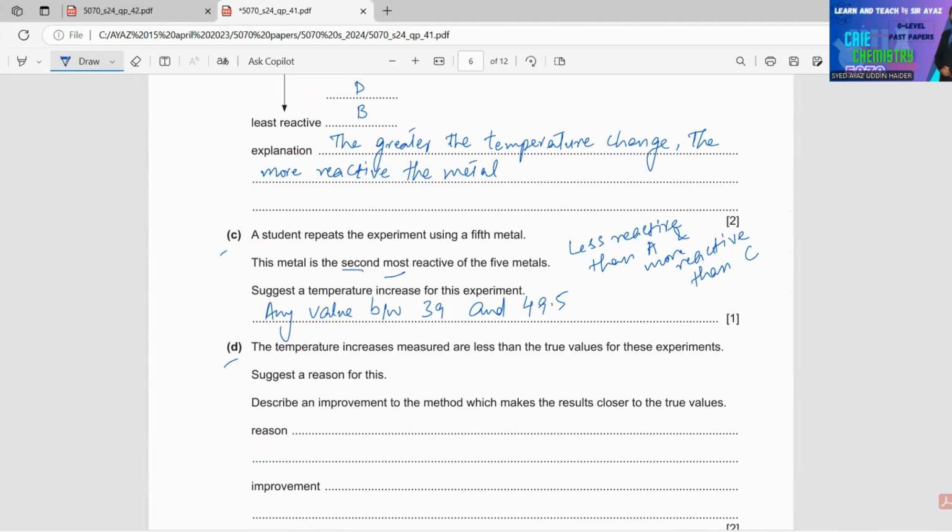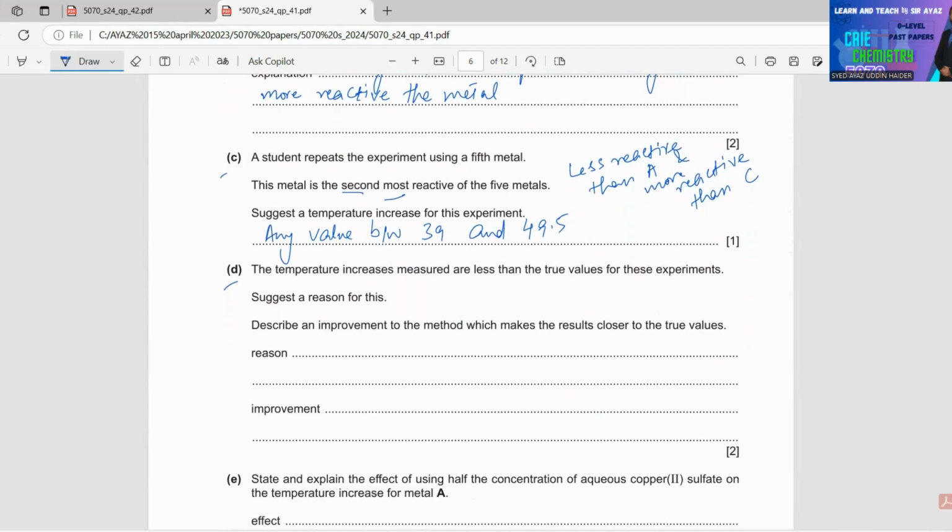D. The temperature increases measured are less than the true values for these experiments. Suggest a reason for this. Describe an improvement to the method which makes the results closer to the true values. So definitely it must be loss of heat to the surroundings.